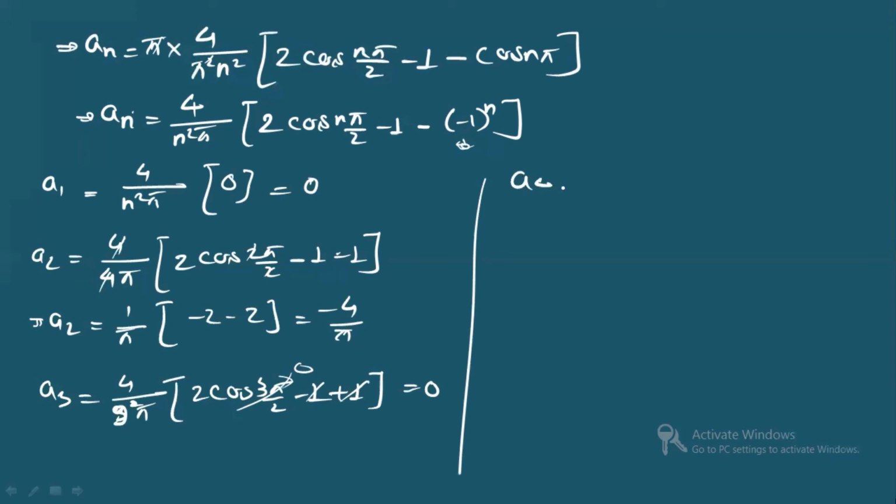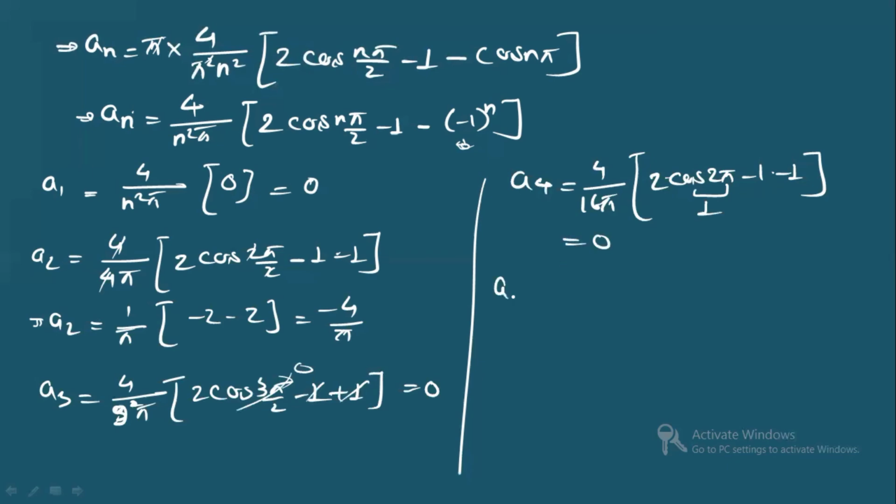Similarly, if you calculate what? A4. A4 will be equals to what? It is 4 by 16 pi. Okay. So you will get 2 cos 2 pi minus 1. Okay. So again, it will be minus 1, right? So if you see here, the value of this is what? Cos 2 pi is equals to 1. So 2 minus 2, so it is 0.